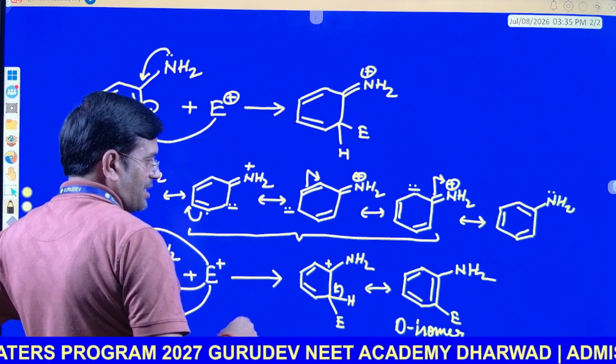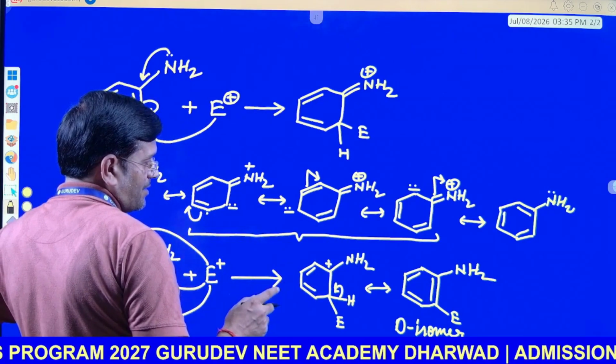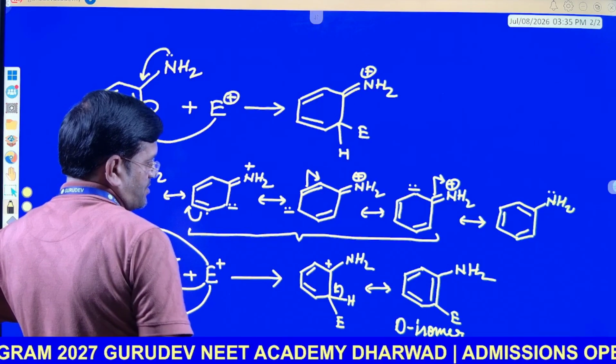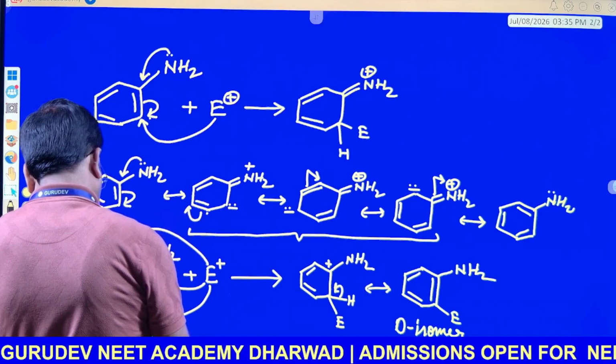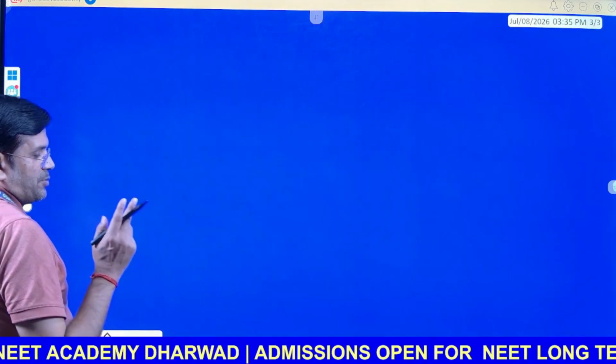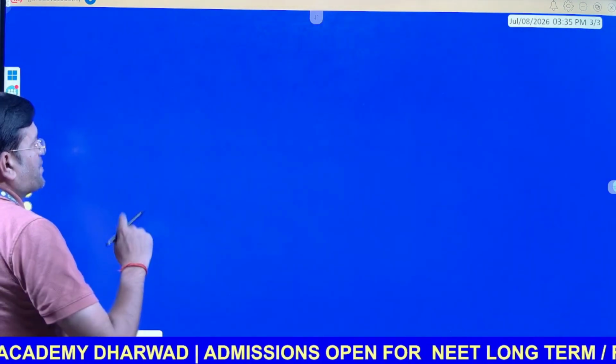Ortho is always minor, sorry, in most of the cases minor because of steric reason. Okay. Now let us see if two substituents are already present over the benzene ring.